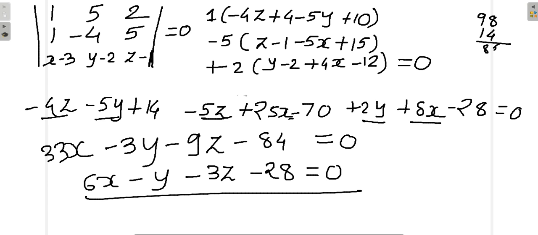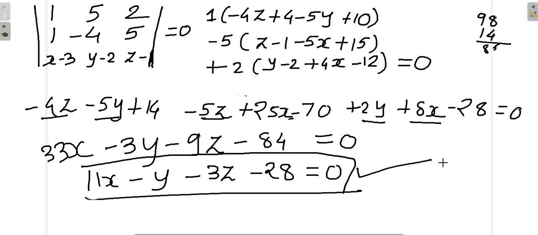So this will be 11. Yeah, this is the final answer. This is the equation of your required plane. Fine. So we have used the concept of scalar triple product is equal to 0.